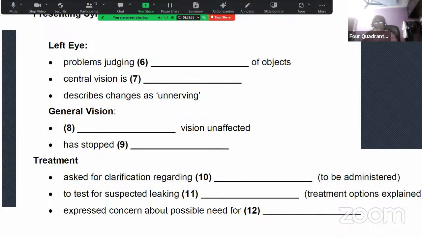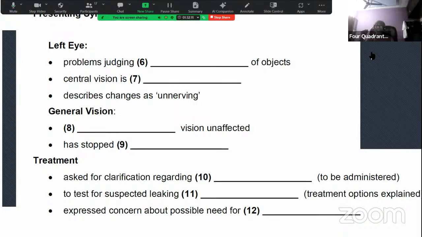Yes. Next one. Firecracker 12. Expressed concern about possible need for a dash. Maybe surgery, maybe diet, dietary regimen, exercise regimen, or medication regimen, or operation.